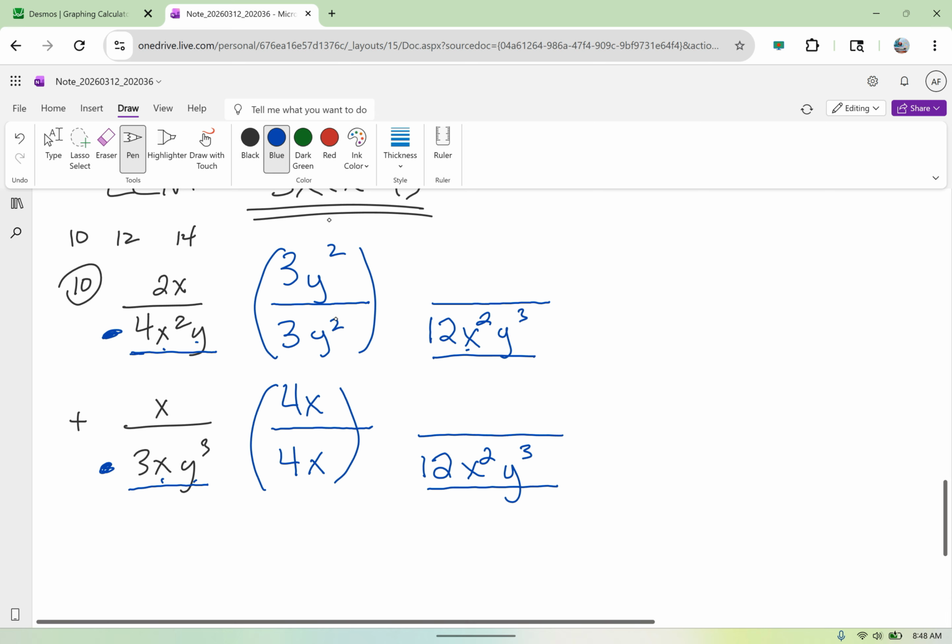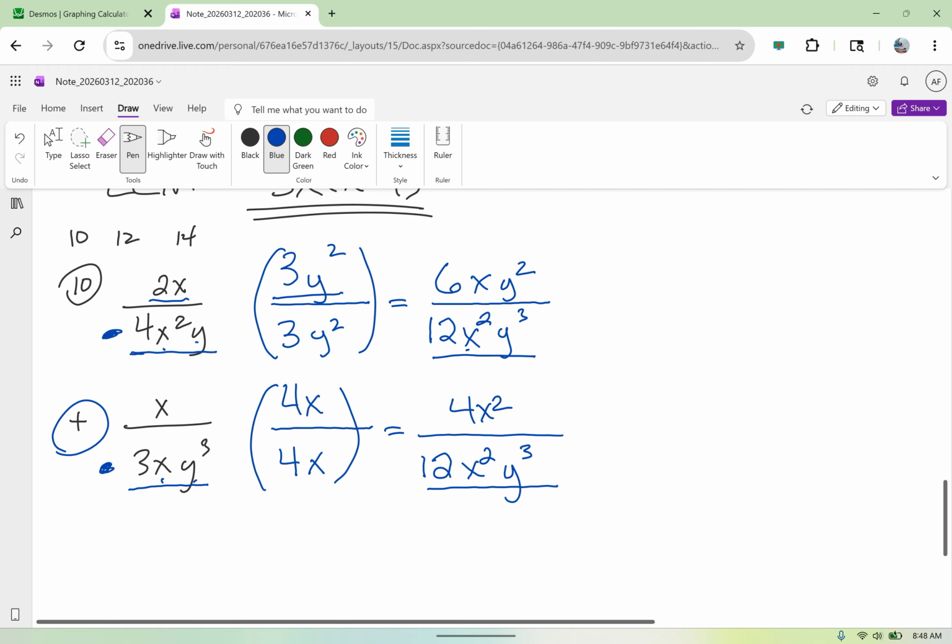So this is multiplication symbols. So my bottom is done already. We did that first, right? So now we need to multiply the top. We have 2x being multiplied times 3y². 2 times 3 is 6. The x stays the same, and y². And now I need to do 4x times x, which is going to be 4x².